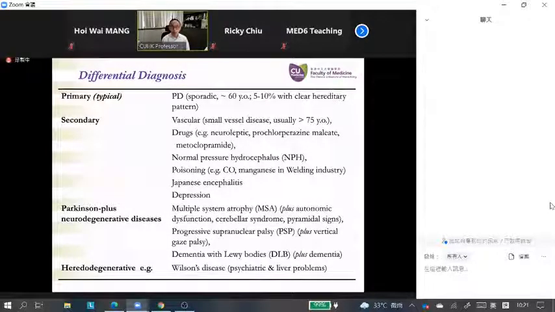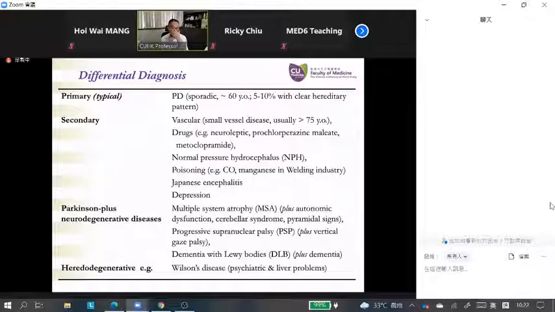Normal pressure hydrocephalus comes with cognitive impairment. The triad is cognitive impairment, urinary incontinence, and gait disturbance, and the gait disturbance may mimic Parkinsonian slow gait, small steps, and postural instability.